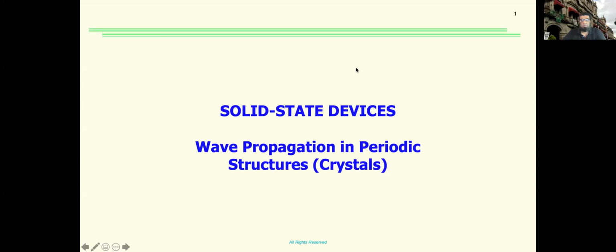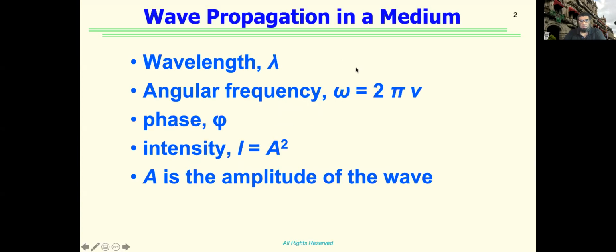There are a few properties by which we define a wave. If you think about it, a wave is composed of a wavelength, lambda, which tells us the distance for the repetition of that wave. We have angular frequency omega, which we measure in terms of 2 pi times frequency.